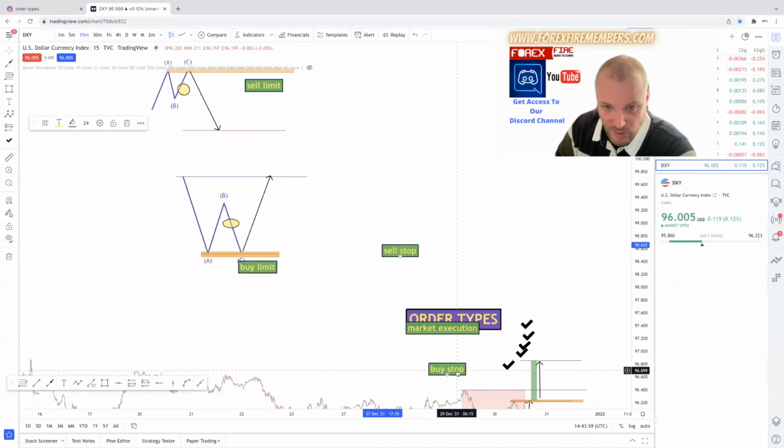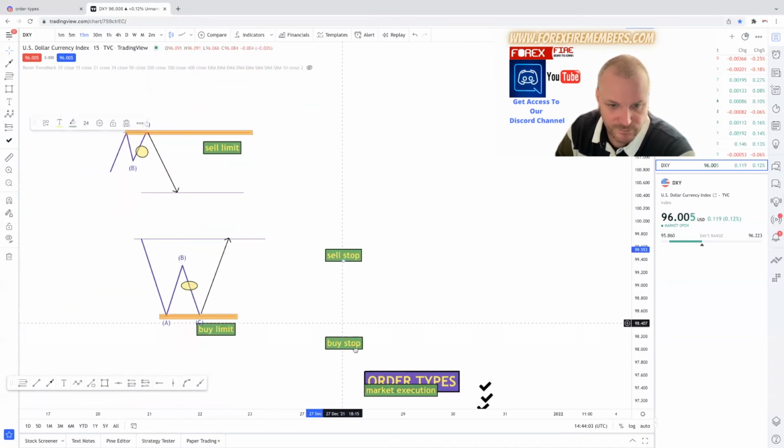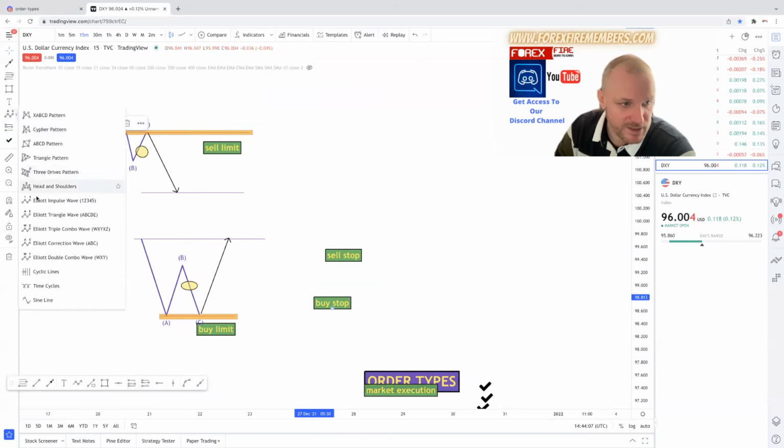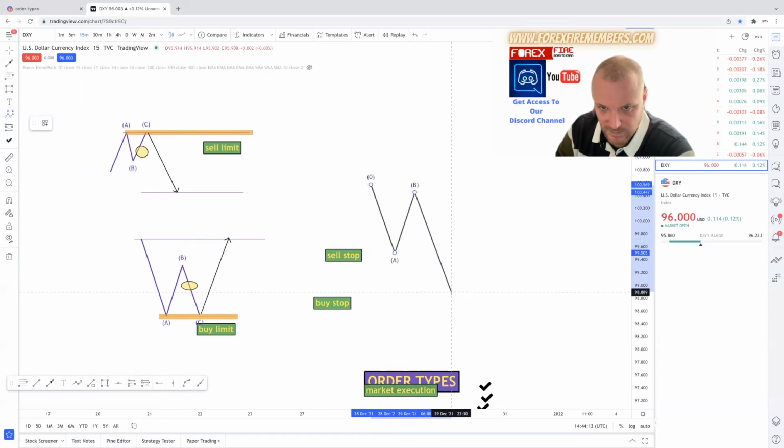Again, for your sell stop and buy stop, let's say we've had price come down. Okay, we've had a little bit of movement in the price.